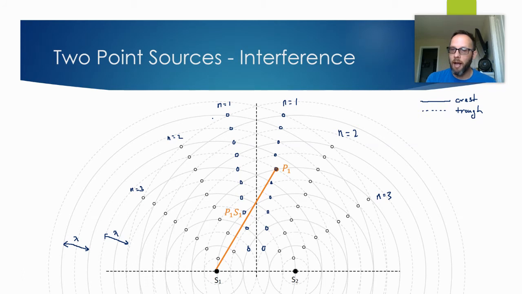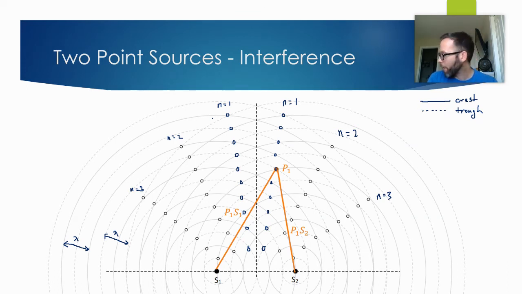And you can see, because it has to cross that center axis, it's going to travel farther than the line from S2 to P1. The distance that other wave travels, we're going to call P1S2. And hopefully you're convinced that the one on the left, P1S1, has to travel farther to get to P1. So they each travel a different distance. How can we quantify what that path difference is?